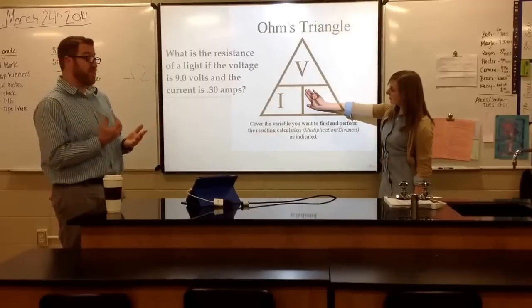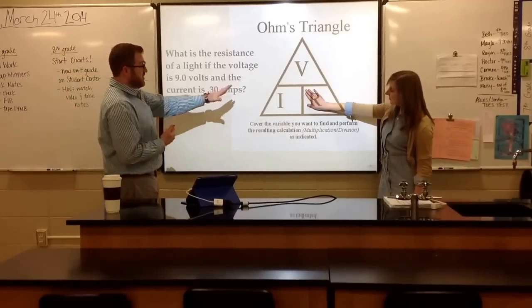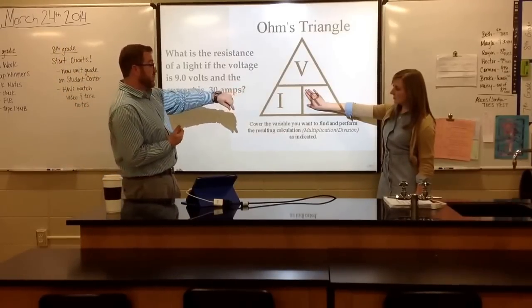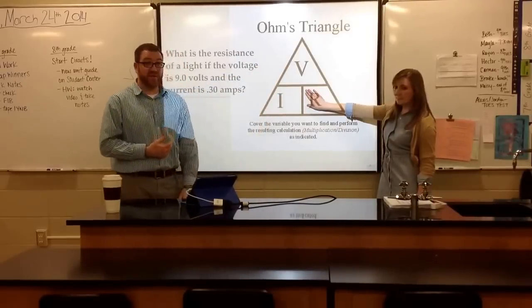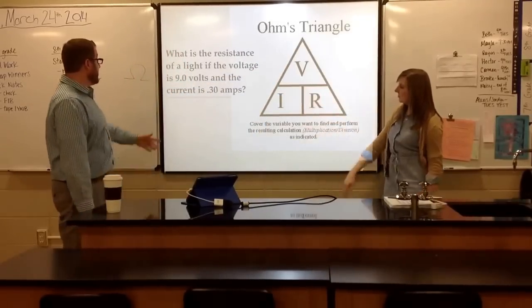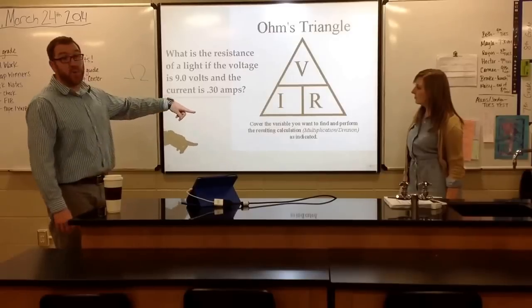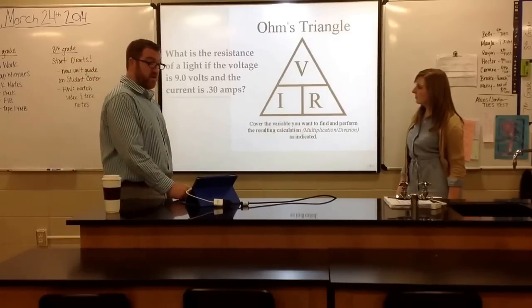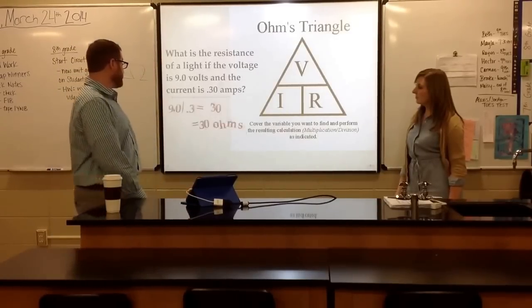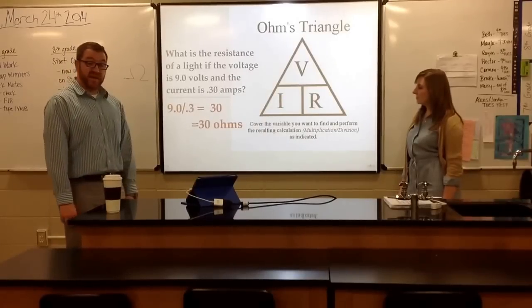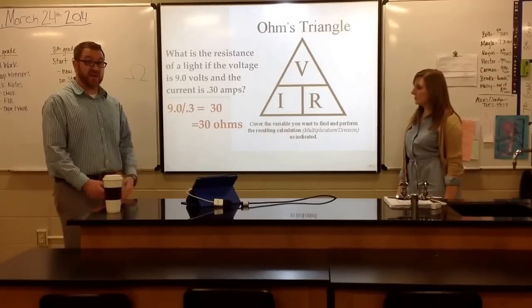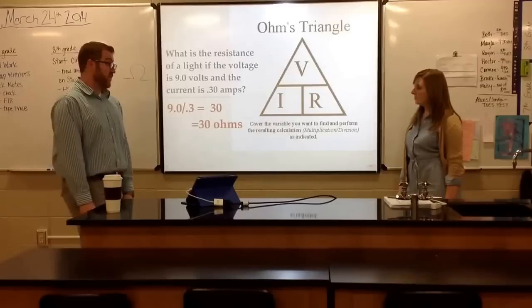So if we cover up the resistance, and we're using the Ohm's law triangle, we need to divide that voltage by the current. So if you divide 9 volts by 0.3 amps, you're going to get 30 ohms. And it's a pretty slick little way of manipulating the formula.